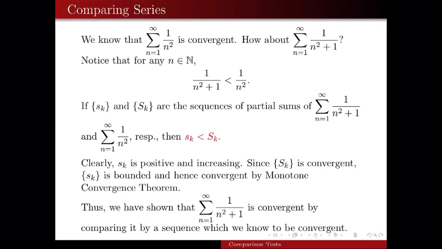Then we conclude that the series we are studying is also convergent. So if a bigger series is convergent, definitely the smaller series will also be convergent. This is the one we are studying. We know that the bigger series is convergent. Then the one we are studying must also be convergent.